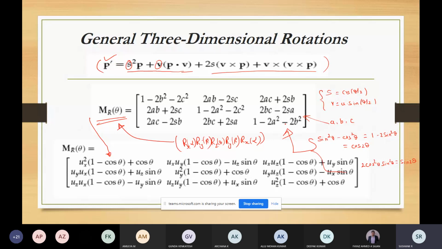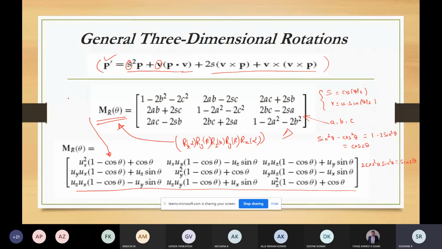So this calculation can be obtained by substituting the values of a, b, c and using the trigonometry, and you will obtain the final equation in terms of the unit vector components ux, uy, uz, and sine theta and cos theta. So this is the final matrix.